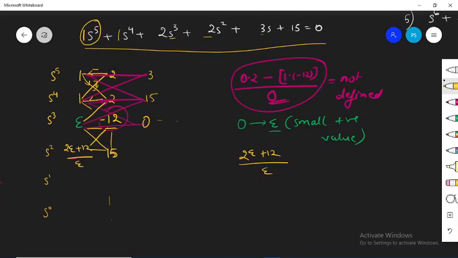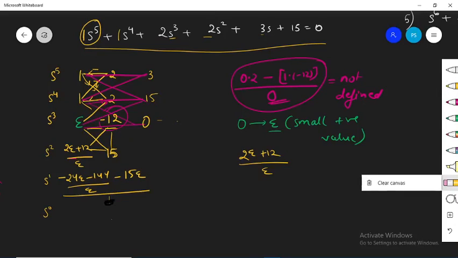So it will become minus 24 epsilon, plus 12 into minus 12, so minus 144 divided by epsilon, then minus epsilon into 15, so minus 15 epsilon, divided by 2 epsilon plus 12 divided by epsilon.